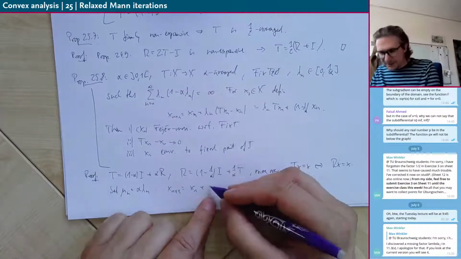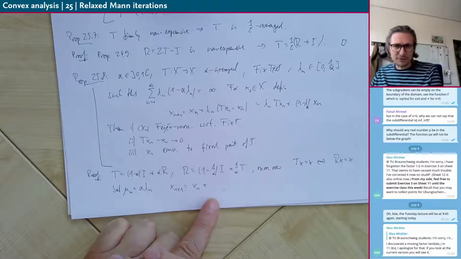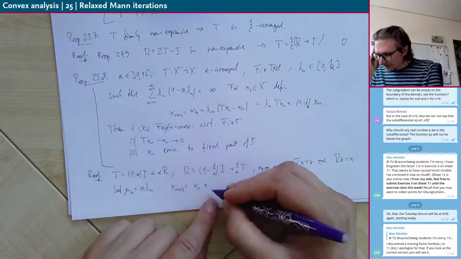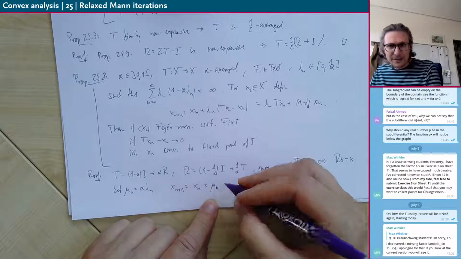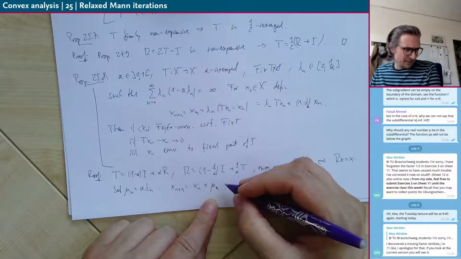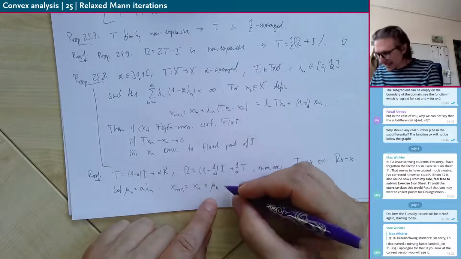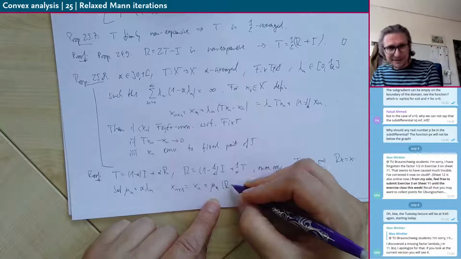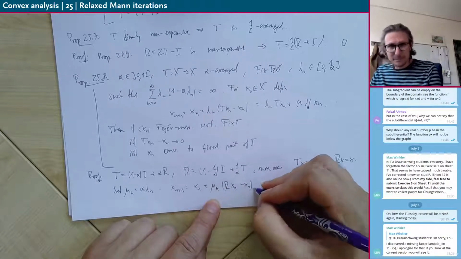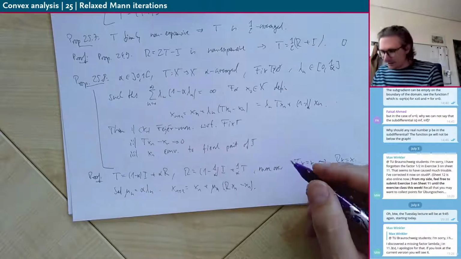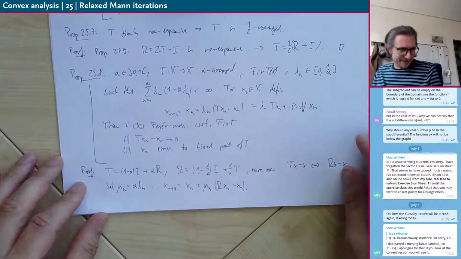So what we get here is, if we rewrite this with respect to R, this is exactly mu_n. Oh boy, a lot of typos over here. It's exactly mu_n times (R x_n minus x_n). And what I've written in the lecture notes is actually wrong, but it's even simpler than what's in there.